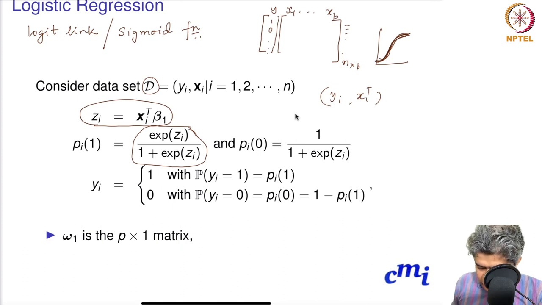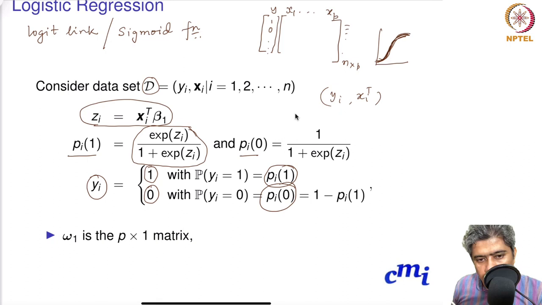And then once you define pi1, pi0 is effectively 1 minus pi1. For each observation you observe the yi value as 1 with probability pi1, and 0 with probability pi0, or 1 minus pi1. Here beta is p cross 1.